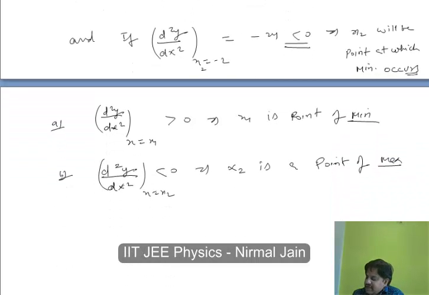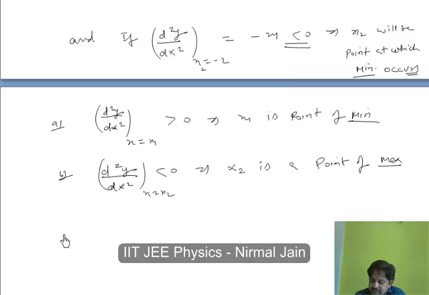So this way we can always identify the point where the graph will be maximum or minimum. So we have identified here that x equal to minus 2 is a point where minimum occurs, and x equal to plus 2 is a point where maximum occurs.